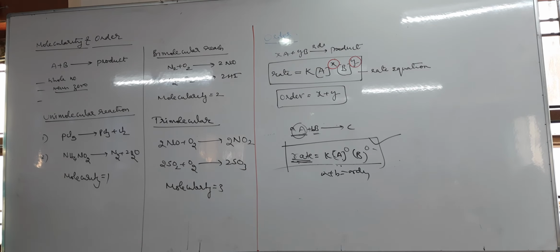Another definition: the number of reacting species changing their concentration in the rate determining step is also called order.